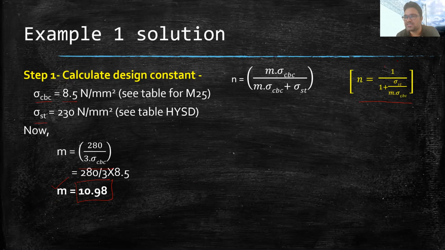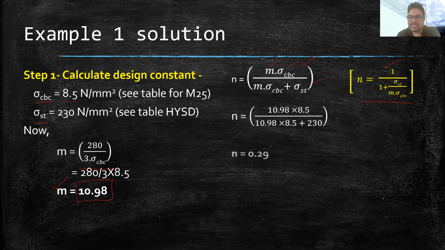If we rearrange this formula, it becomes N is equal to M into sigma CBC upon M into sigma CBC plus sigma ST. There you can see N is dependent on M as well as sigma CBC and sigma ST. By putting all three values, we can find the value of N as 0.29. So these are the design constants, M and N. So now we have found the design constants.